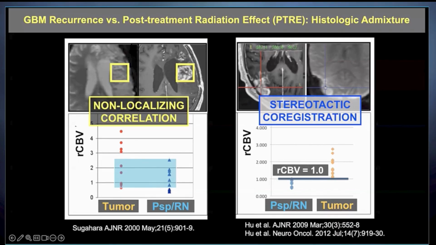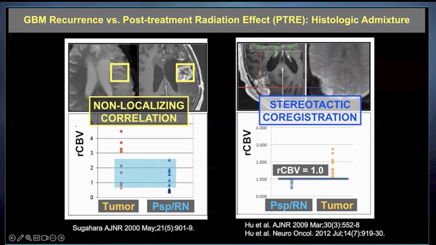And then we don't have to average all the rCBV values over the entire lesion. We can be more precise in terms of spatial matching of the rCBV value that directly correlates with that biopsy location. So this is an example of stereotactic co-registration, where we fill out the number of samples and patients that we recruit, and we say, okay, let's say a lesion gets diagnosed as post-treatment effect.